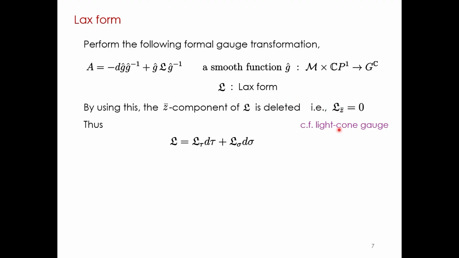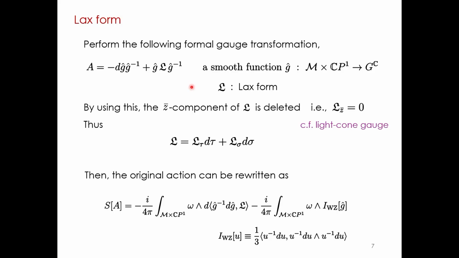So the z-bar components of L should vanish. Then the Lax form L is simplified to this form. This Lax form has only two components, tau components and sigma components like this. The z components and z-bar components are deleted by using the extra gauge transformations and this gauge transformation.